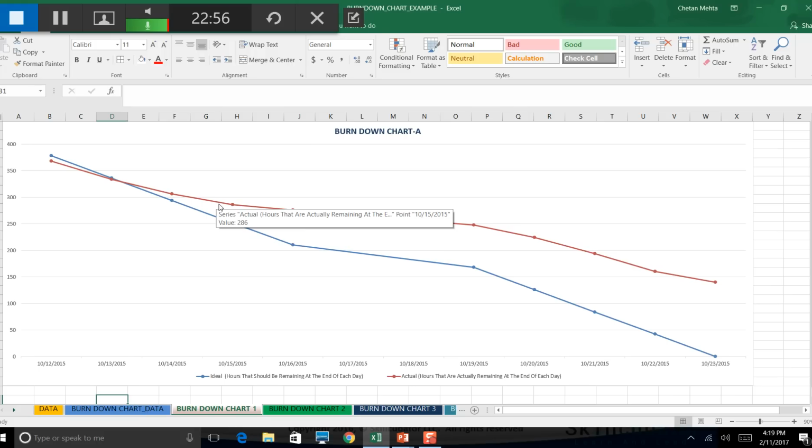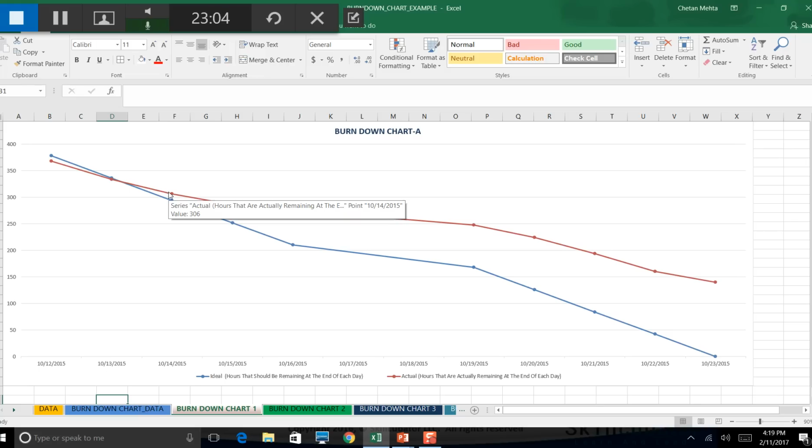So every day in the daily stand-up meeting, your team, especially the Scrum Master, will be taking a look at the burn down charts. He or she will be monitoring very closely what's your actual burn down rate versus the ideal burn down rate. And if there is a gap, they would like to know why you are unable to finish the tasks on a day-to-day basis.